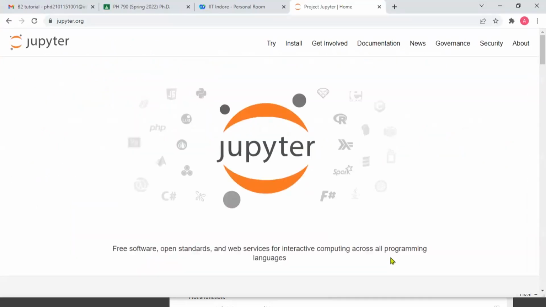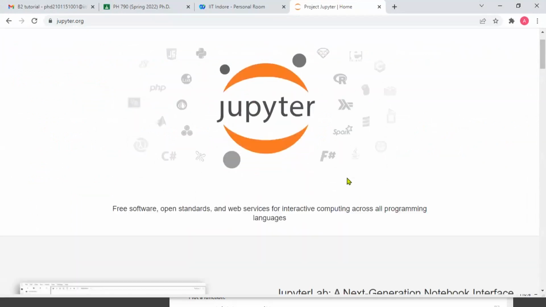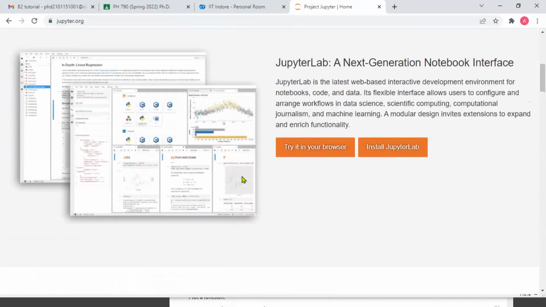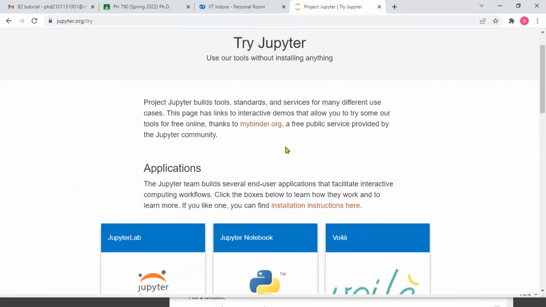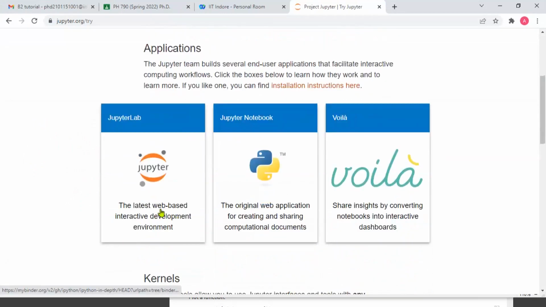From Jupyter, try it in your browser, and then the first one, the Jupyter Lab. Go down. Right, try it in your browser. Oh, okay. There you will find the first one.